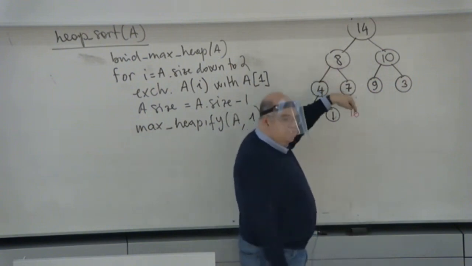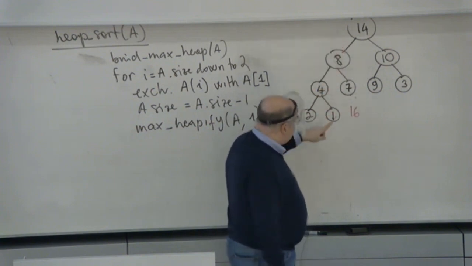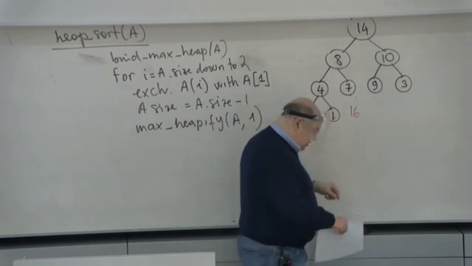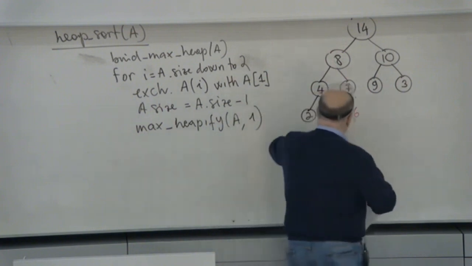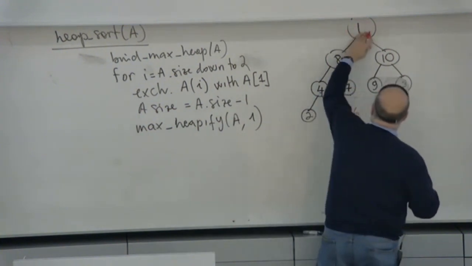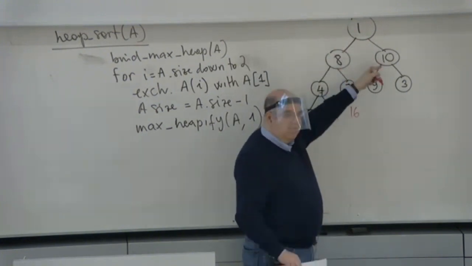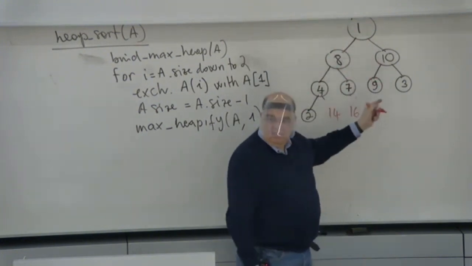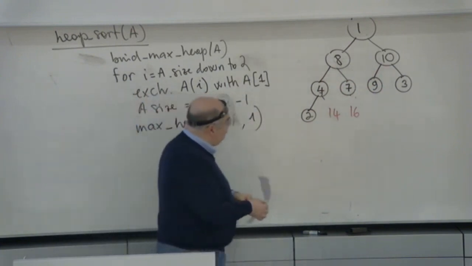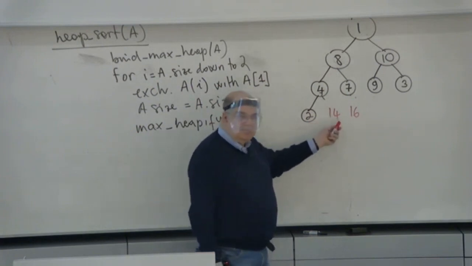So again, what happens now is that you have the maximum over there, which is 14, and now, of course, you swap 14 again with 1, with the least available. And so you get a 14 here, you get a 1 there, and then the 1 goes to the right because 10 is greater than 8, and you go on with the idea, and so you output all the numbers in decreasing order, but they are in the right place.